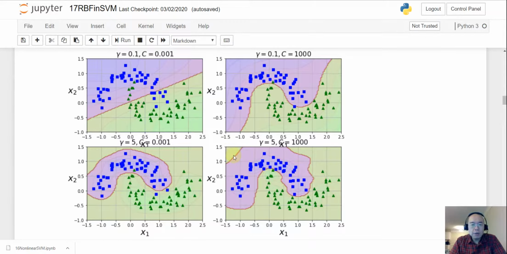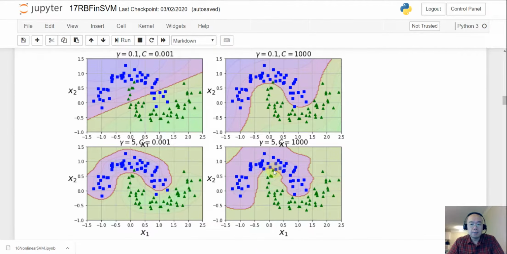So when we are doing a very high gamma and a very high C, remember both of them may contribute to an overfitted model. In this case I won't say the overfitted model is that bad, but still I will say that it is an overfitted model.